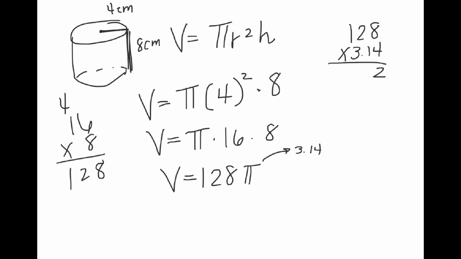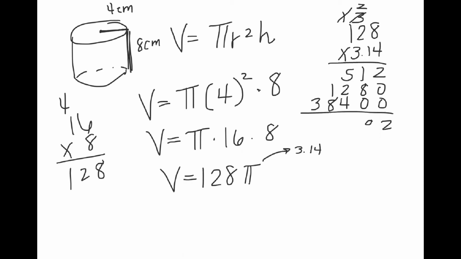4 times 8, 32, carry the 3. 4 times 2, 8 plus 3, 11. 4 times 1, 4 plus 1, 5. Placeholder 0. 3 times 8, 24, carry the 2. 3 times 2, 6 plus 2, 8, and 3.